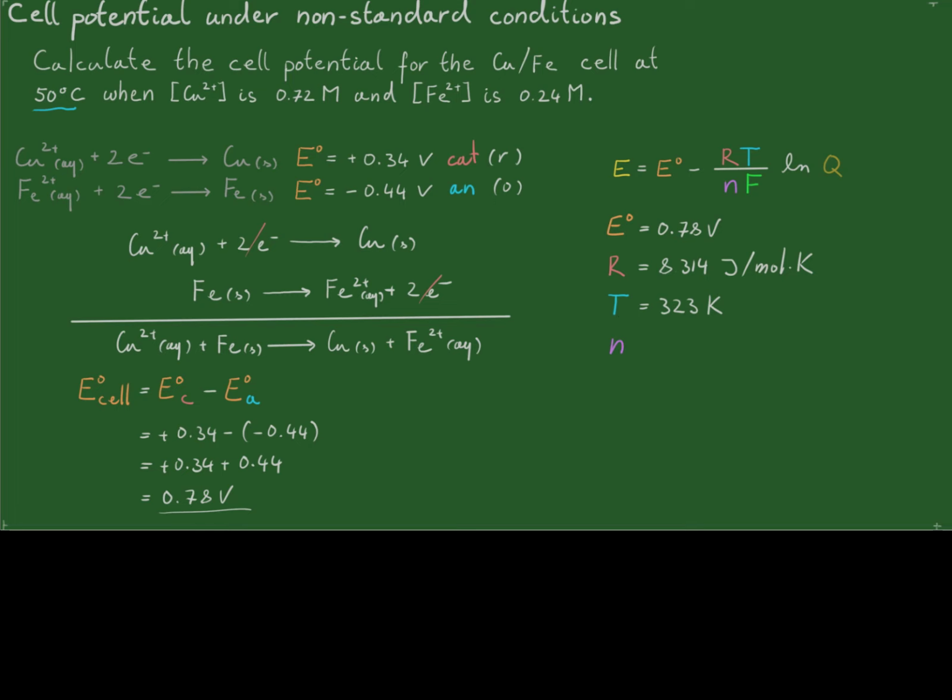Next we have N. N is the number of moles of electrons involved in the process, and we have figured that out to be 2. So we can write 2 moles of electrons. F is the Faraday's constant, 96,485 joules per volt per mole of electron. And then we are left with this tricky Q. What is Q? Q is the reaction quotient.